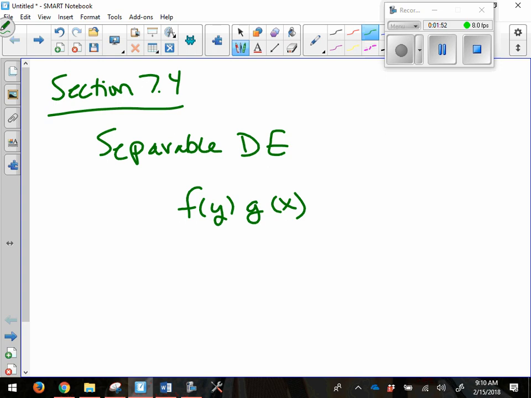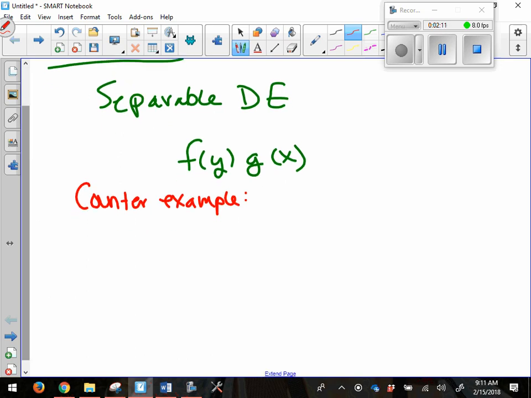Okay, so can you think of counterexamples? Does everybody understand what a counterexample means? Somebody tell us what a counterexample means. Right, it's an example of when it doesn't work. So give me some examples of things that are not separable functions. These are separable.